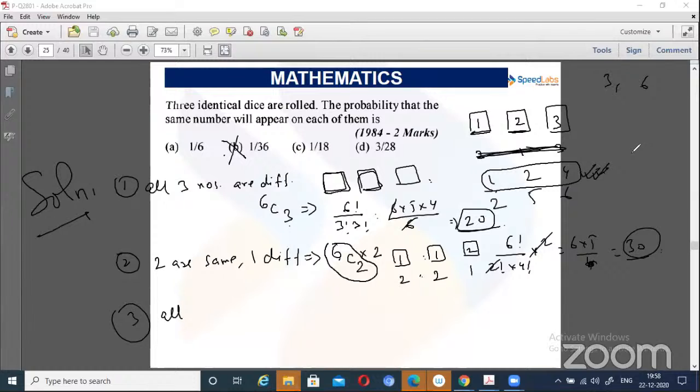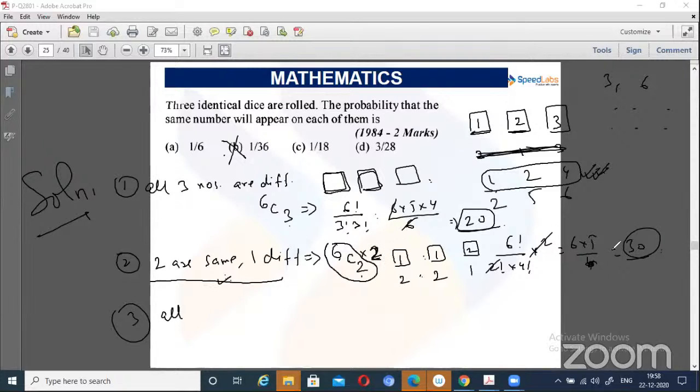Is that clear? Yes sir. Now these two numbers can be arranged in two ways, 336 or 663. So for every 6C2 selection, there will be a 2 arrangement, 6C2 into 2. That is 30.